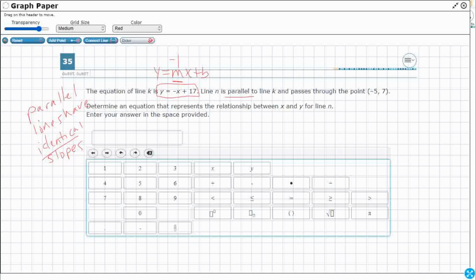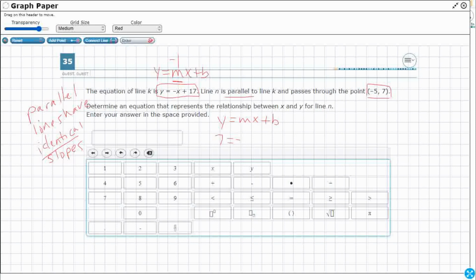So we've got a few options. First, let's see what happens when we've got 5, negative 5, 7, right? Let's see what happens when we just plug it in. So let's just say y equals mx plus b. I'm going to find this new line here. My y is 7.